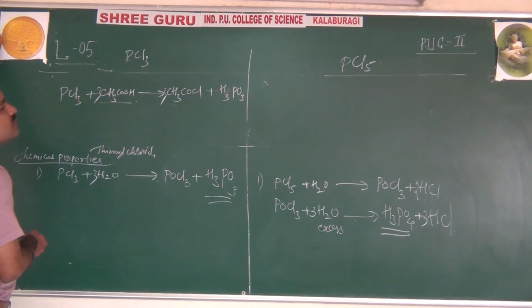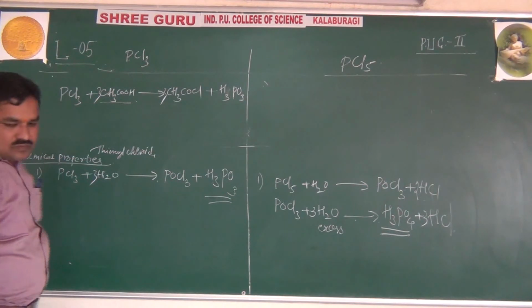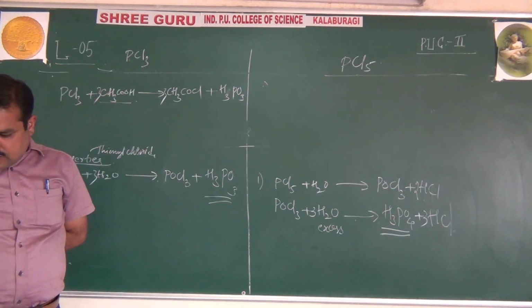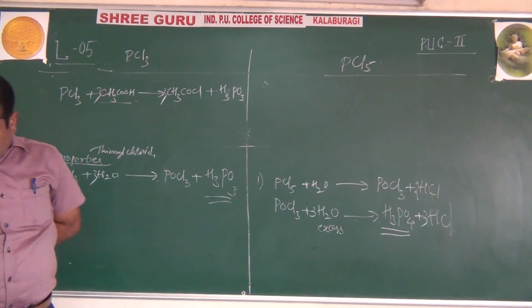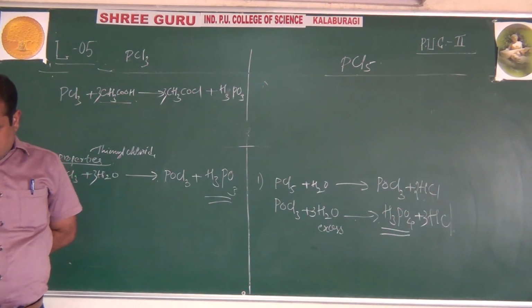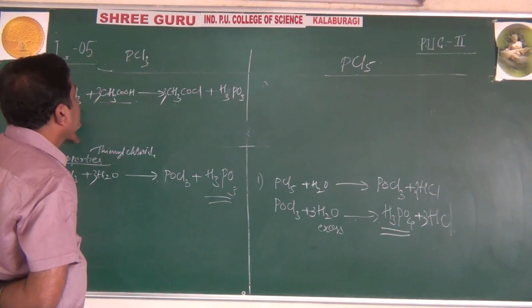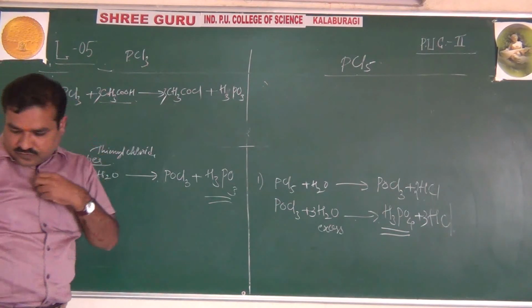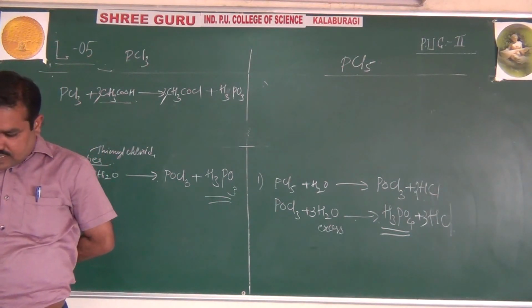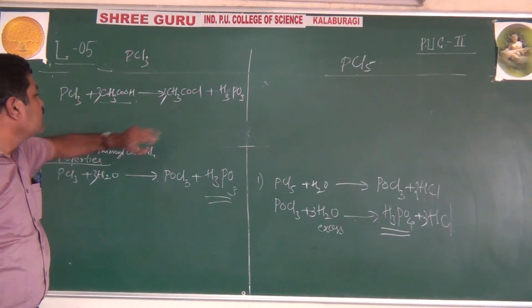That's also 6. Like this, acetic acid will react with phosphorus trichloride and form acetyl chloride and H3PO3. That is exactly true.